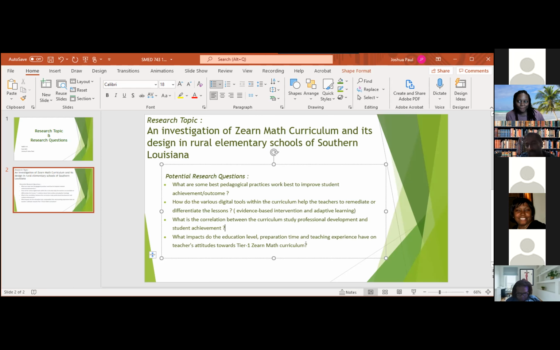You're asking a question based on the last one? Yes, number 4. But I'm connecting the teacher's attitude towards the tier 1 curriculum, depending on whether there is a connection with their educational level, or an impact based on preparation time or teaching experience.